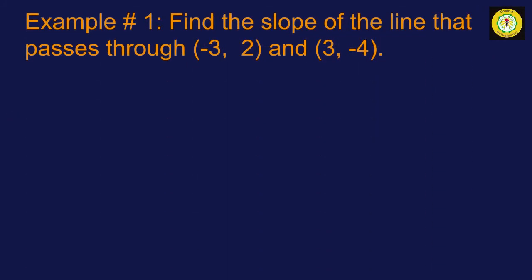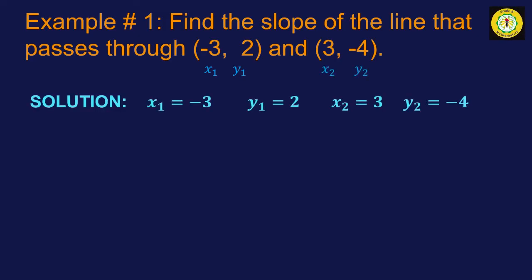Example: find the slope of the line that passes through point (-3, 2) and point (3, -4). Solution: x sub 1 equals -3, y sub 1 equals 2, x sub 2 equals 3, y sub 2 equals -4.